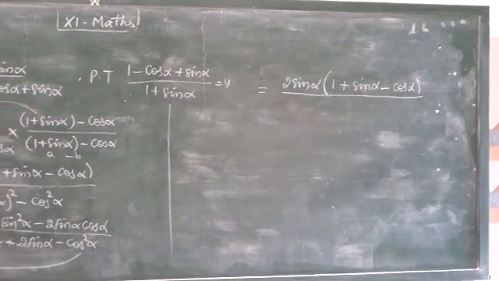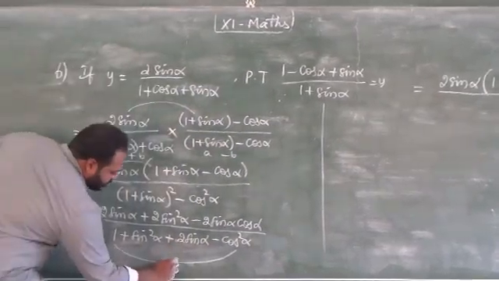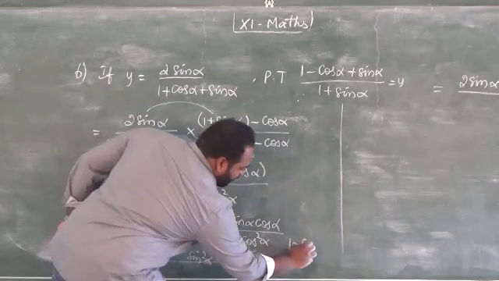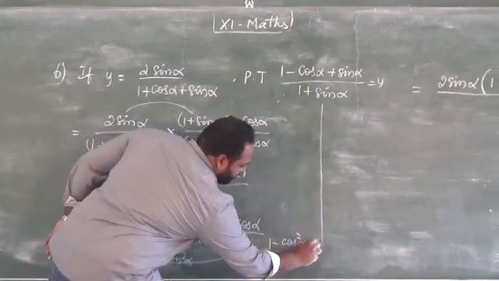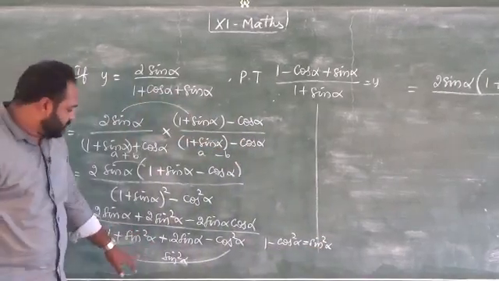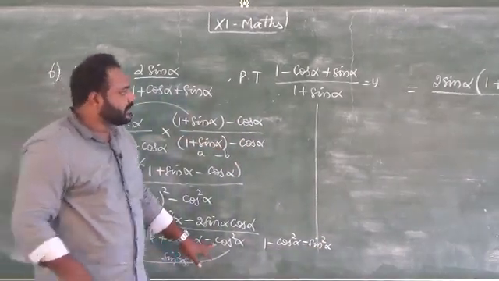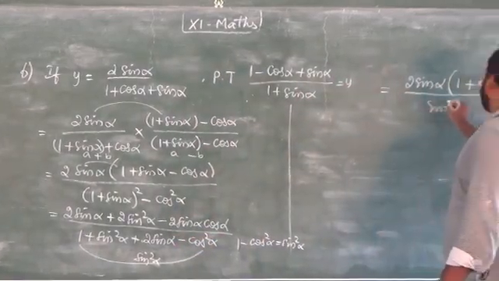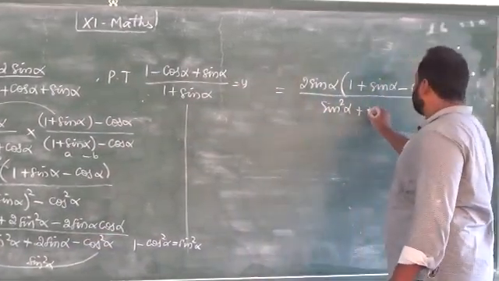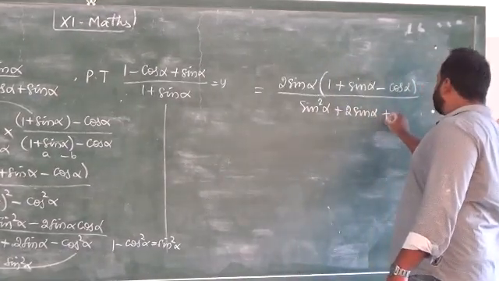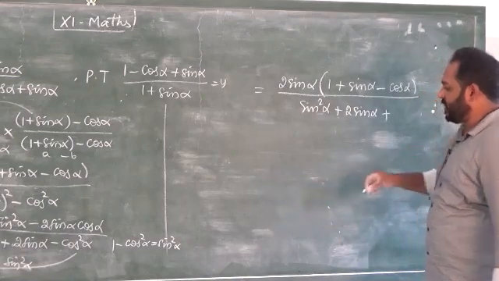1 minus cos square alpha can be written as sin square alpha. We know that by the identity. So instead of 1 minus cos square alpha, I can write sin square alpha, plus 2 sin alpha.